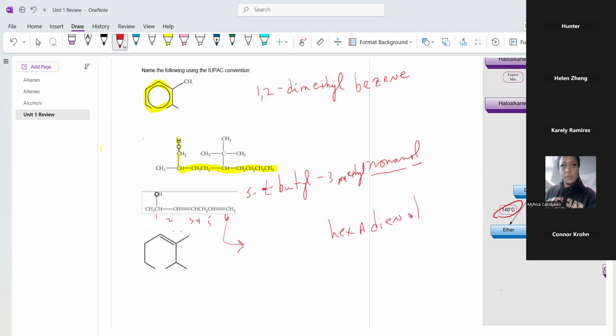Okay, so we're looking at 1 for the alcohol, 2 for this double bond, and 5 for that double bond. And then we have a methyl branch on carbon number 1.